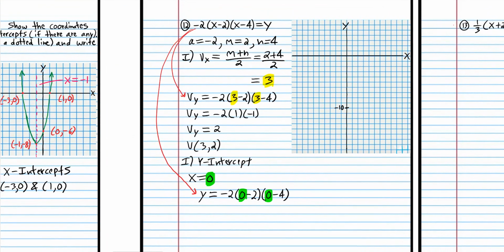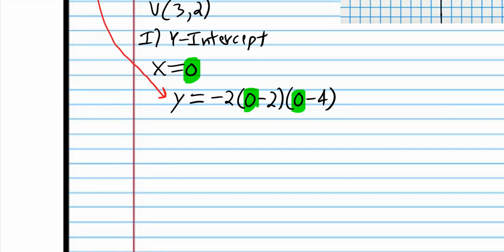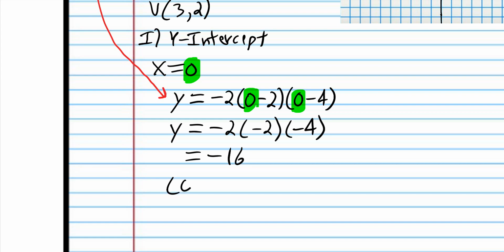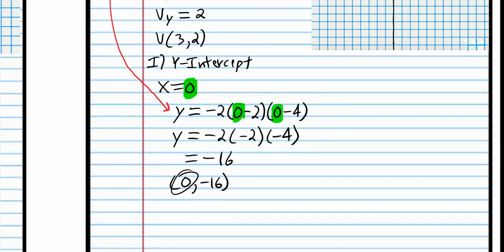And so we get -16, it looks like, when we do the math. I'll just show the steps there, though. So the y-intercept is 0, -16. The y-intercept always has an x value of 0.